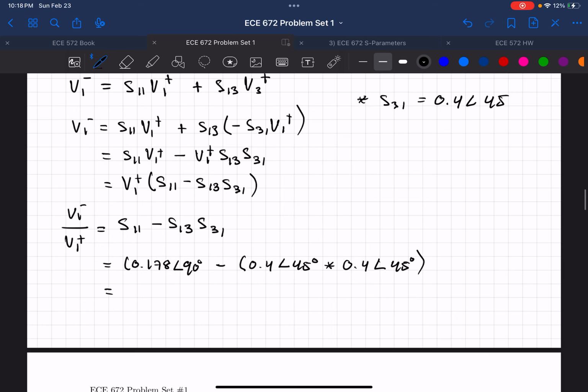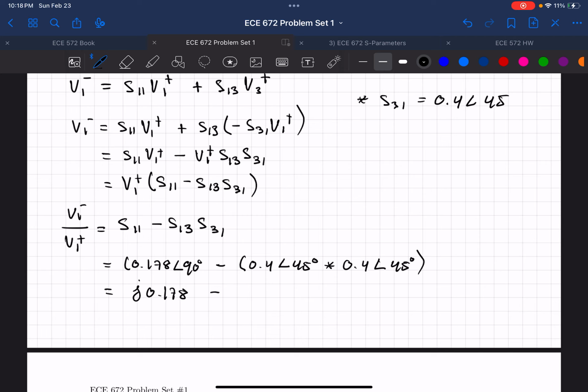So this is really just saying j0.178 minus, when we have 45 plus 45, that's 90.